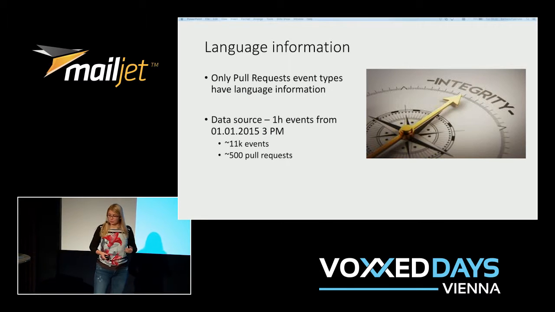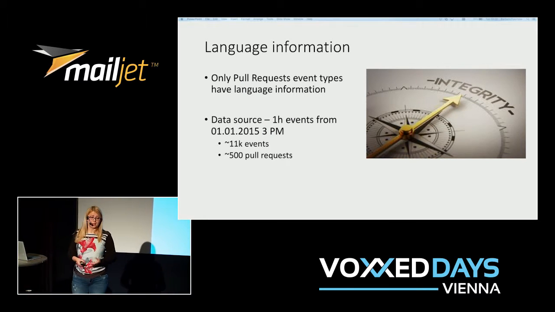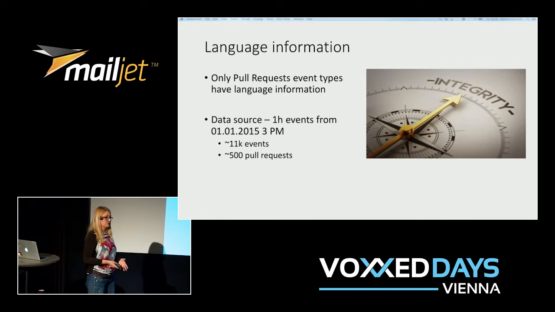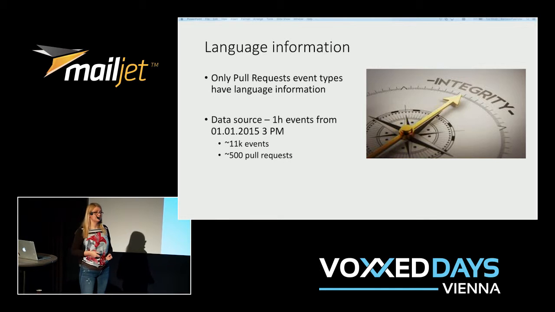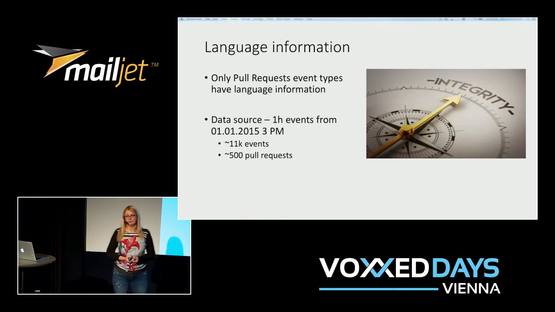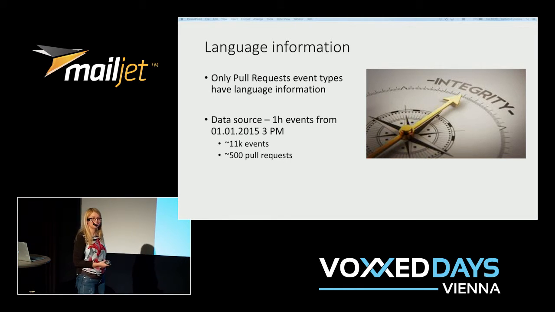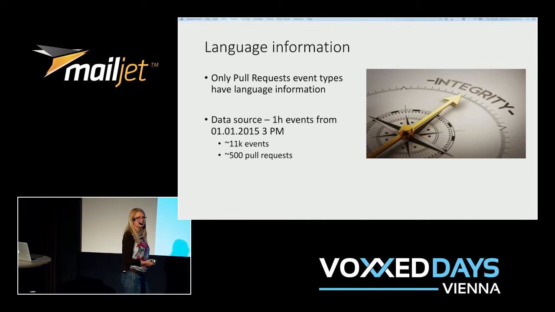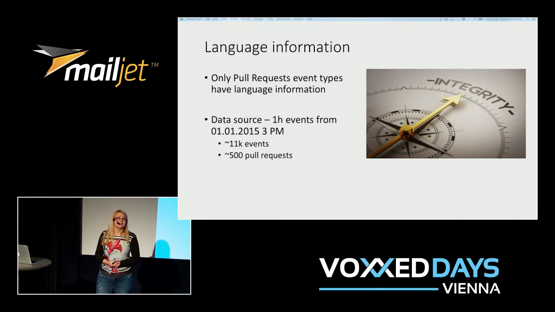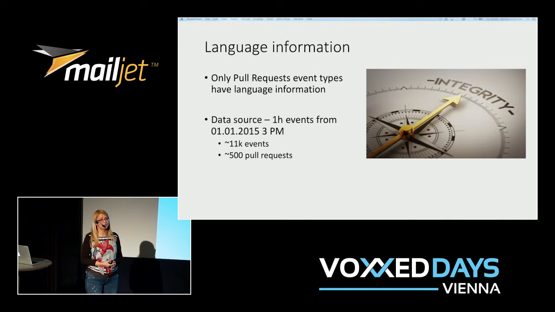So what are we going to do? We are going to analyze the events from an hour-long window, 3 p.m., 1st of January 2015. And what I found out after reading all over the internet, Stack Overflow questions, and other projects that were claiming to analyze GitHub archives and do the language distribution, is that at least for 2015, there is no language information in any event except pull requests.